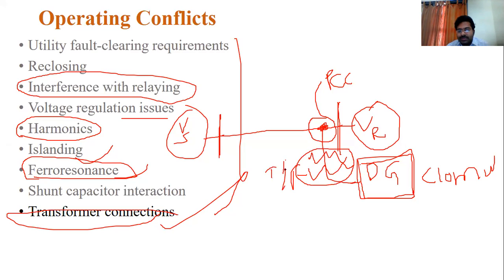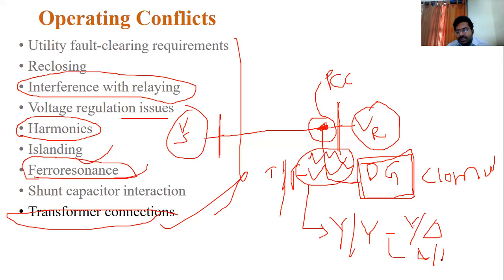Now we are going to estimate that performance: what are the advantages and disadvantages of these transformers. There are different types of connections: star to star connection, star to delta connection, delta to delta connection, delta to star connection. Different types of connections are there, so we are considering this transformer.